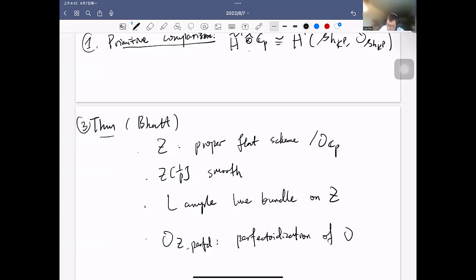of O_Z. So this notion was introduced in the work of Bhatt and Scholze on prismatic cohomology.